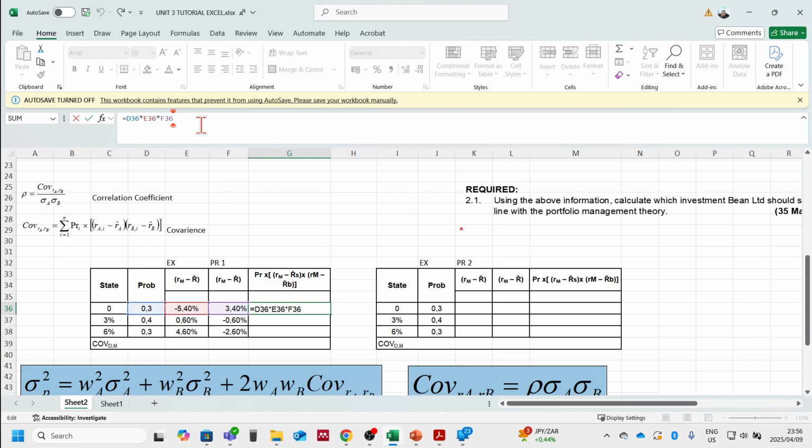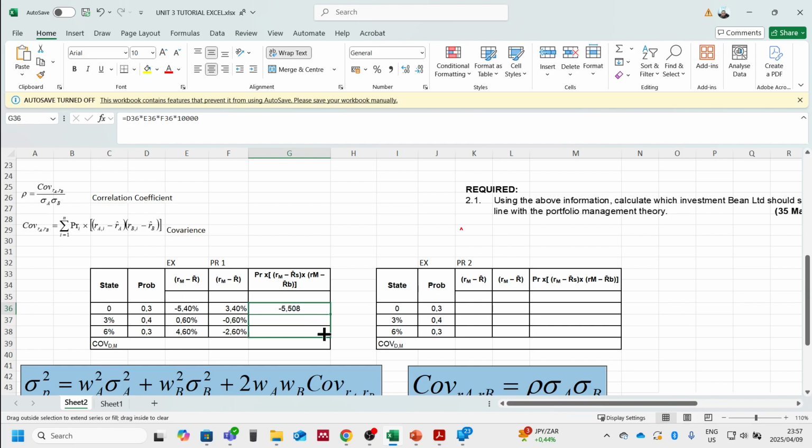And therefore, we will have to multiply by 10,000 so that we can actually get the final figure in percentage format. So over here we've got minus 5.508%, and then we can repeat this for the entire project.